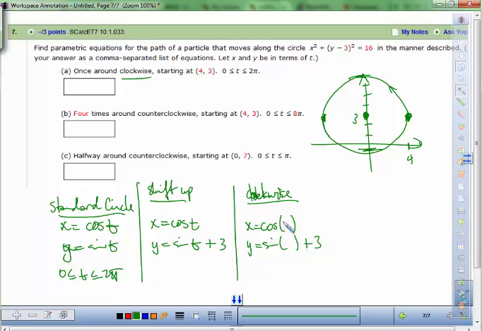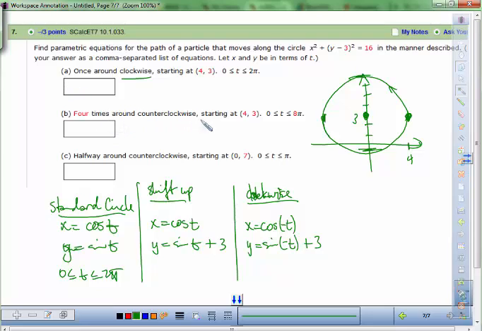So cosine of negative t, and sine of negative t. You guys know what happens to cosine of negative t? It's just cosine t. It's an even function, so that's not that big of a deal. But having a negative sign for t here will make this negative, and so this will draw your circle backwards. Okay?